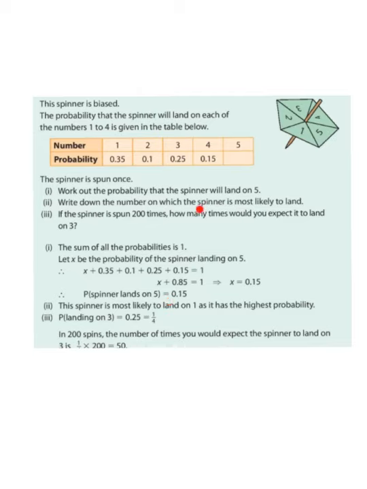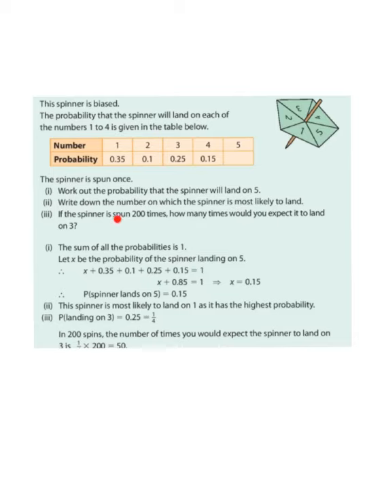Write down the number which the spinner is most likely to land on. Okay, so it's most likely to land on the biggest value for the probability. So the spinner is most likely to land on 1 as it has the highest probability. And then the third question: if the spinner is spun 200 times, how many times do you expect it to land on 3? So this is expected values. Remember, expected value is the probability multiplied by the number of trials.